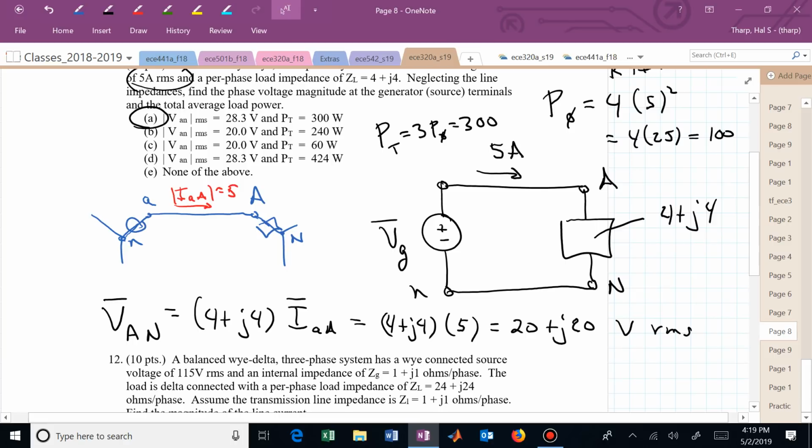Because you have 20 in one direction and 20 up, you have an angle of 45 degrees, and this right triangle has a hypotenuse with a factor of the square root of 2. That's where that came from. And because we didn't have any impedance in our transmission line, the voltage from little a to little n is the same as capital A to capital N.